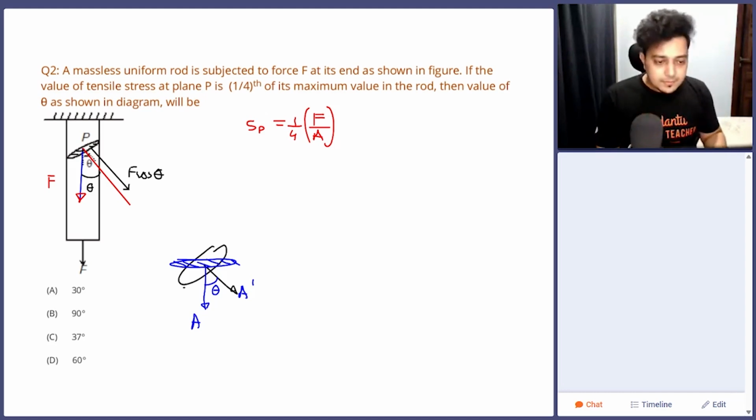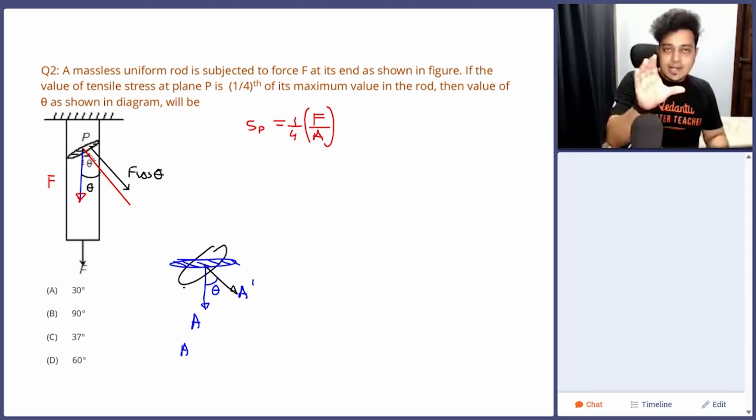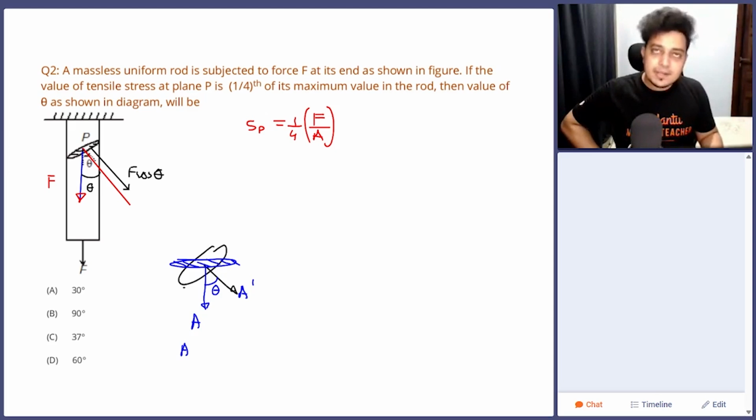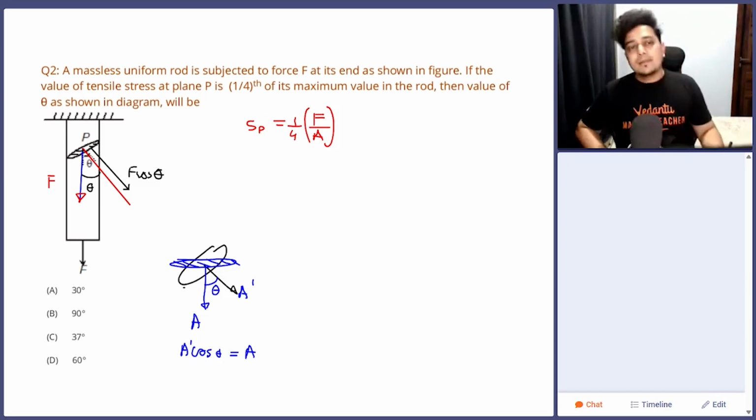So A dash cos theta will be equal to A. Notice that the A dash cos theta component will be equal to the cross-section area A.